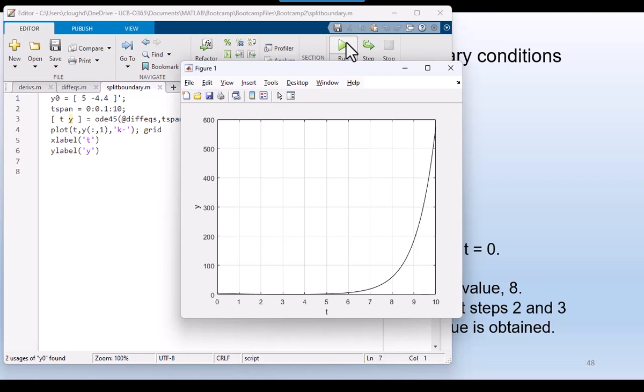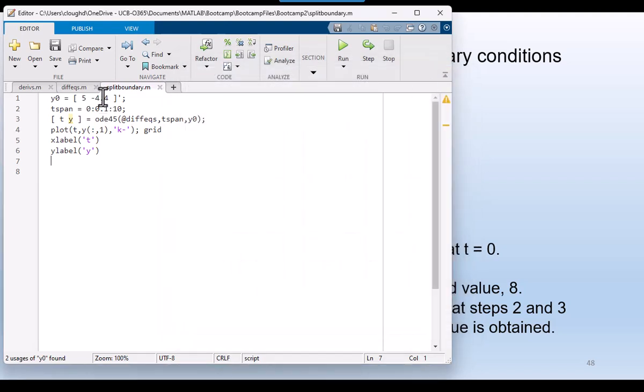So we do this. And what we notice here is that y is equal to somewhere between 5 and 600 at t equals 10. So obviously, the initial guess for the derivative of minus 4.4 doesn't get the job done.